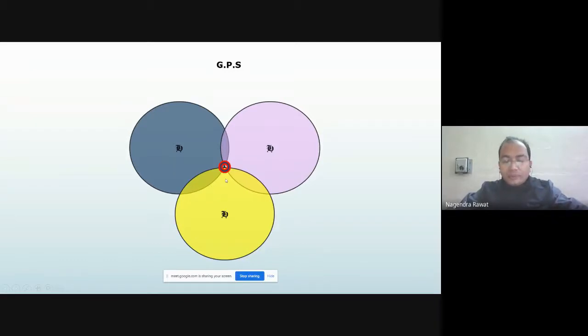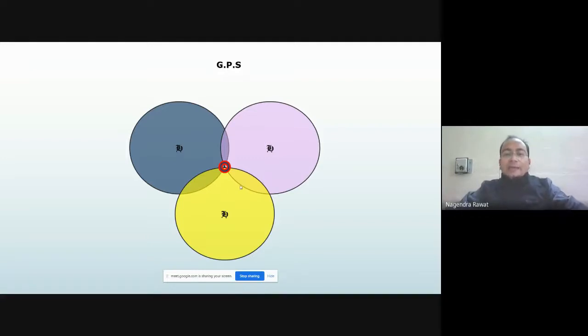If the red circle is your site, for its precise location your GPS must receive signals from at least three satellites, so that you can say your location is okay.